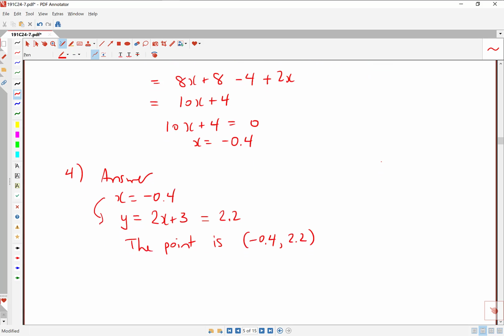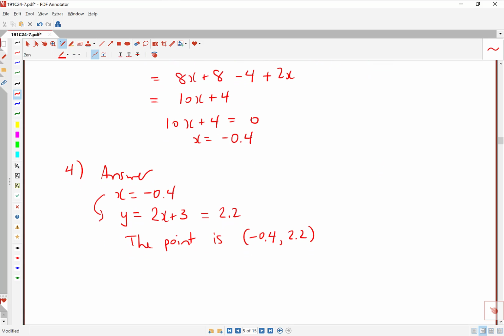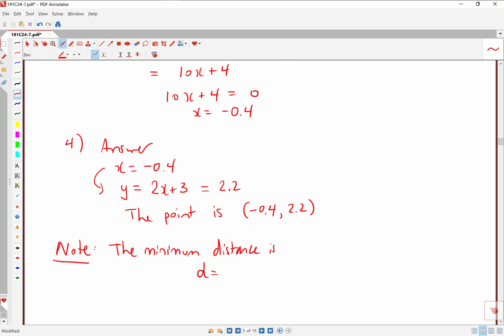Now, the question didn't ask for the minimum distance, but just as a side note, in case you're curious. If we wanted the minimum distance, we would need to go back to the formula for d, which was the square root of (1 minus y) squared plus (2 minus x) squared.